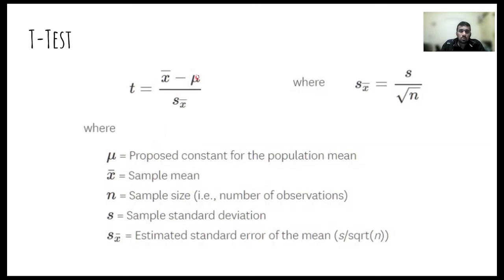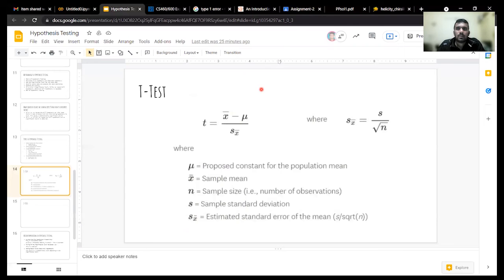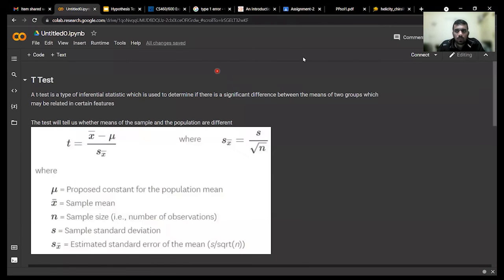Basically, we can say mu represents the null hypothesis, and x bar represents the alternative hypothesis, where the denominator is the standard deviation that we know how to find out: the sample standard deviation divided by the root of the sample size. Now let's run it on Google Colab and see how this exactly works.